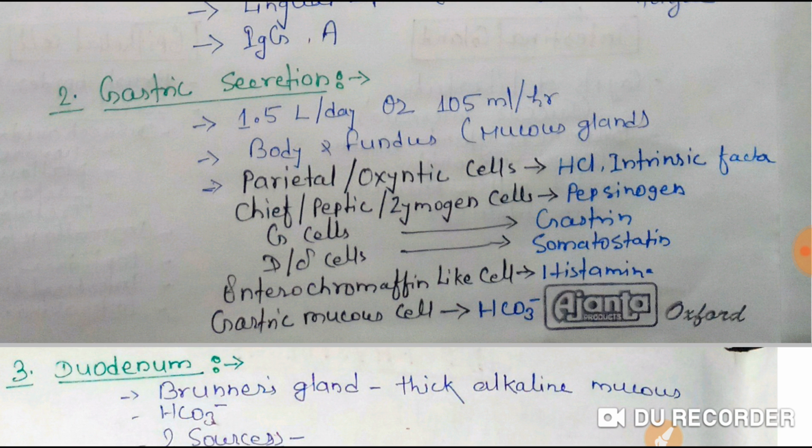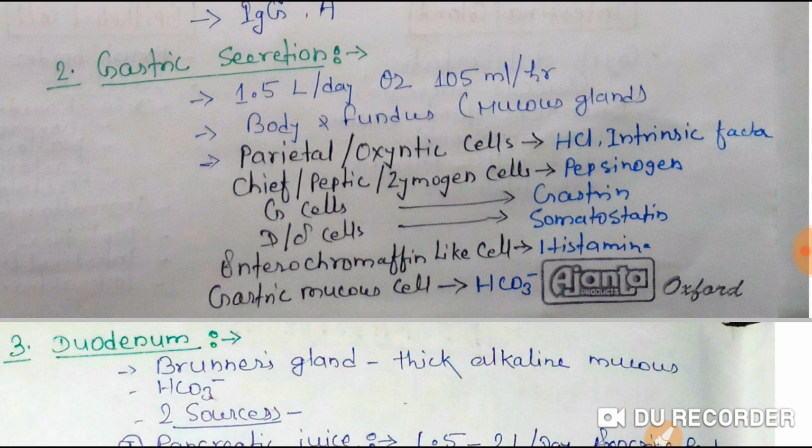The major gastric secretion comes from the body and fundus of the stomach, which have mucous glands. Now I am showing the gastric secretion cell by cell. The parietal or oxyntic cell secretes HCl and intrinsic factor. This is a question repeated many times, so you have to make such notes.